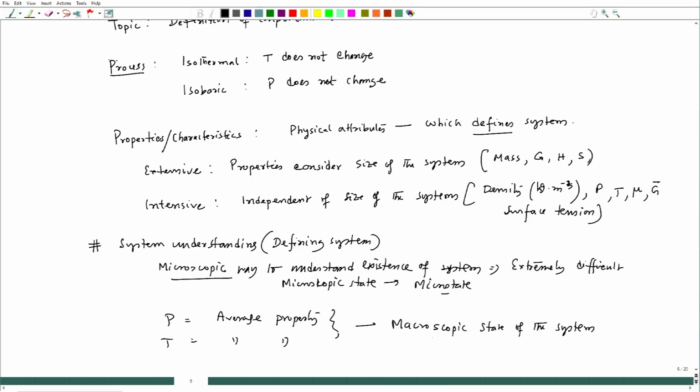So, that is noted as the macrostate. If I consider a single component system and I know the pressure, temperature and volume, definitely I can see the existence of the system at particular rest conditions.